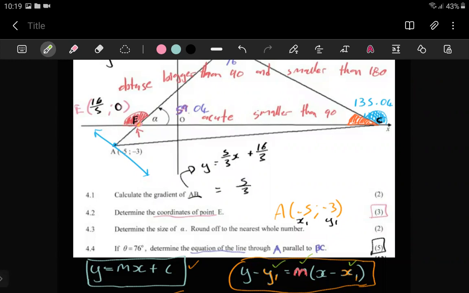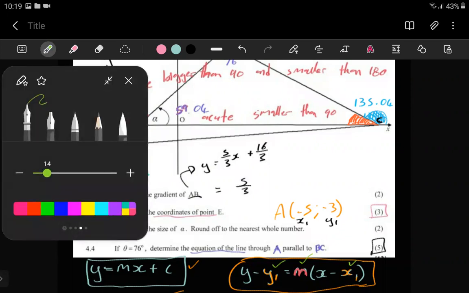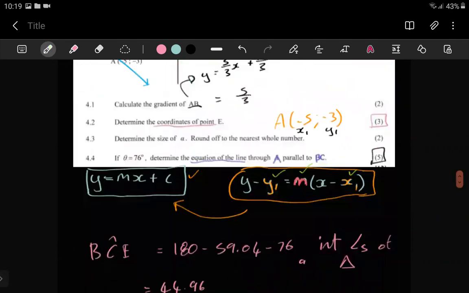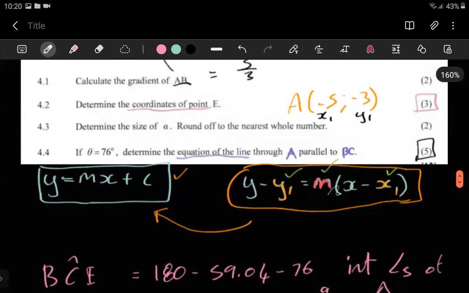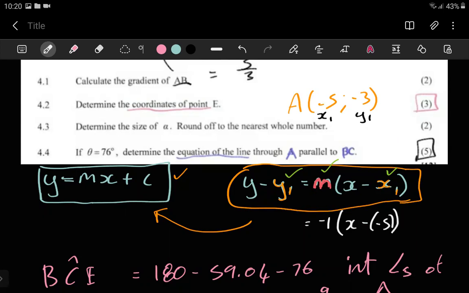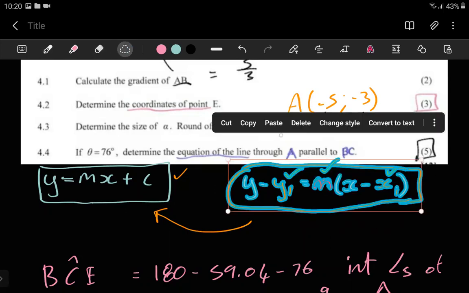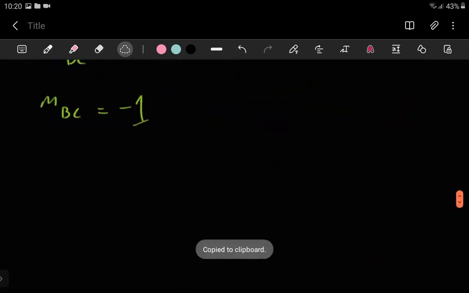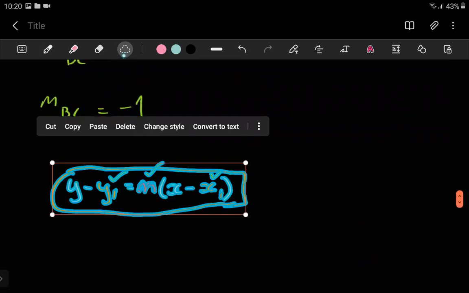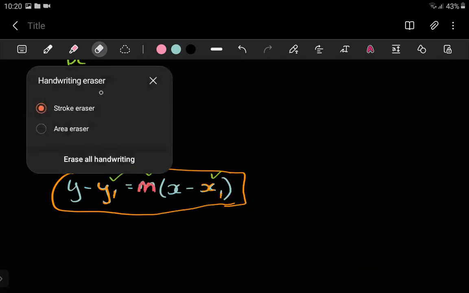So now let's put all the information we have into this formula. In this formula we have gradient, which is -1. We have a coordinate, an x value here, which is -5. Let's not be messy. Let's take it down here where we have some nice space, and remove what is not necessary.